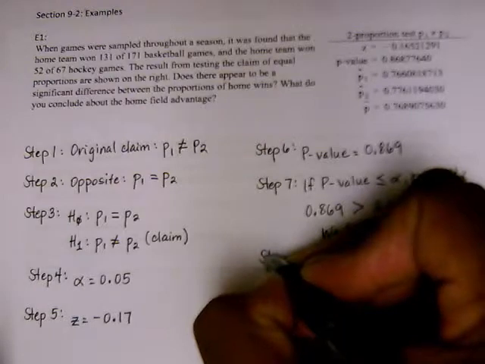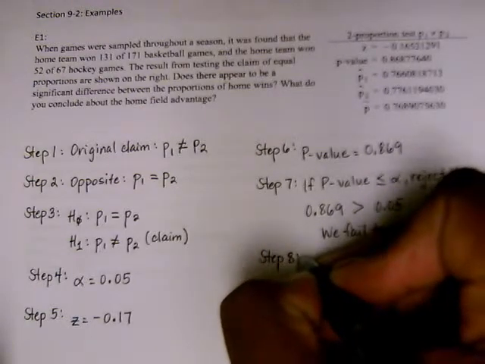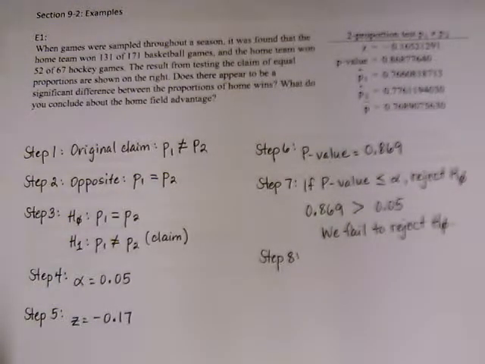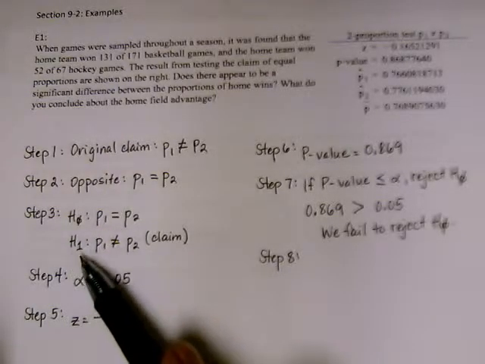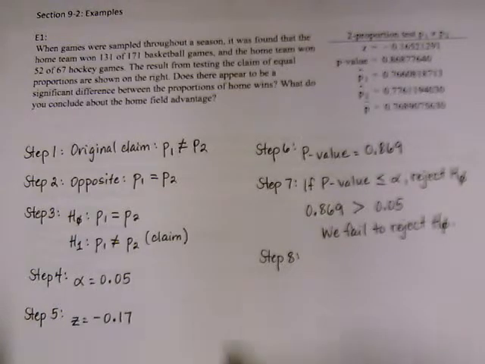And then step number 8 is the conclusion, written in simple non-technical terms. Here the claim was the alternative. We failed to reject the null.